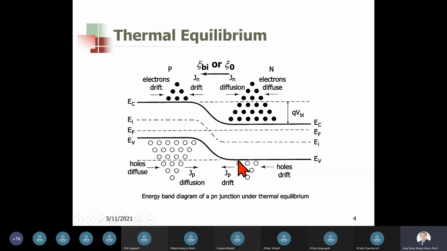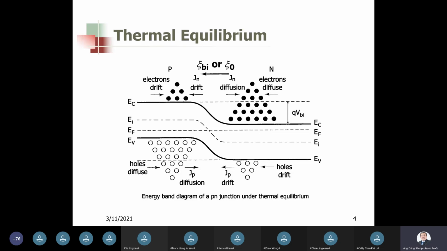Now, the second point is that the space charge region, or the so-called depletion region, is depleted of majority carriers. This means that the resistance of the space charge region is much higher than the resistances of the two neutral semiconductor regions. So this is the second point that you need to remember.